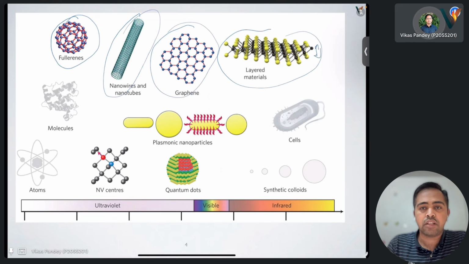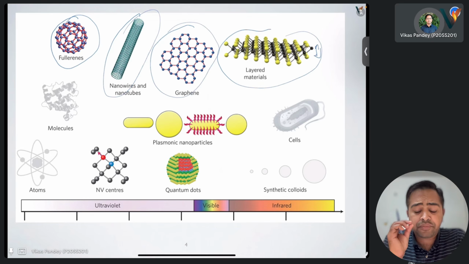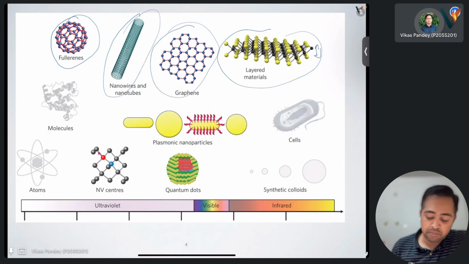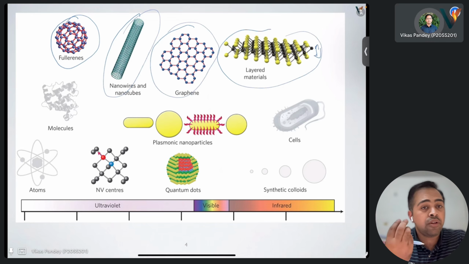They have structures in the range of nanometers, since they have at least one dimension in nanometers, and so they have a very high surface area to volume ratio. That means there are many more sites compared to a bulk material, many more sites available for molecular interaction to happen.